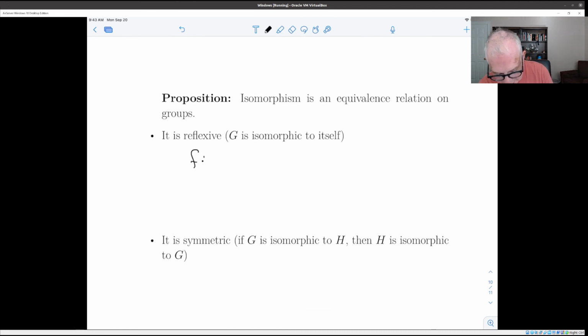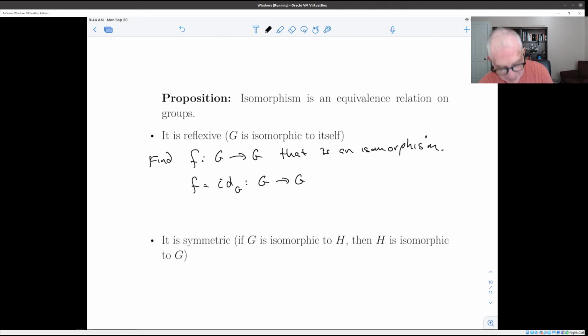In other words, we have to find a map F from G to G that's an isomorphism. And we can find that because we can just take the identity map. The identity map, which just takes G to G, is clearly an isomorphism because it's bijective, and g1 times g2 is g1 times g2. So it's a reflexive relation.